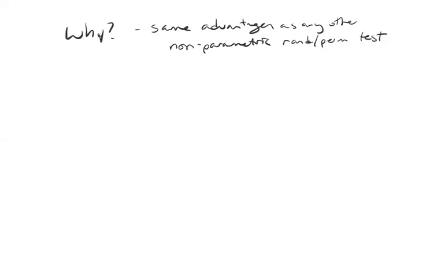It also has the same advantages as the other rank-based tests you've seen, which is the rank sum test. In other words, it works even if there's outliers, it works even if there's censored data, but it also has the same disadvantages.